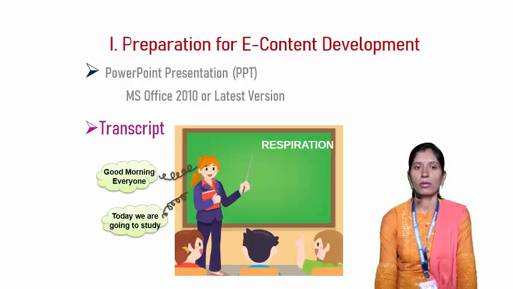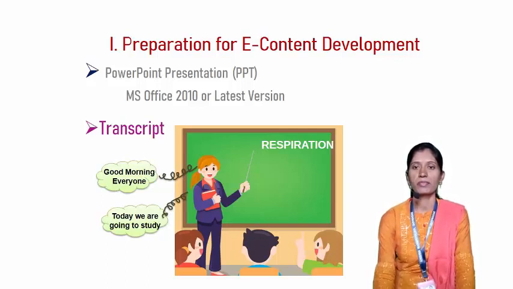After preparing the PowerPoint presentation, you need to create a transcript. A transcript is a set of words and sentences that you use to teach. Type the transcript for each slide according to the PowerPoint presentation you have prepared.